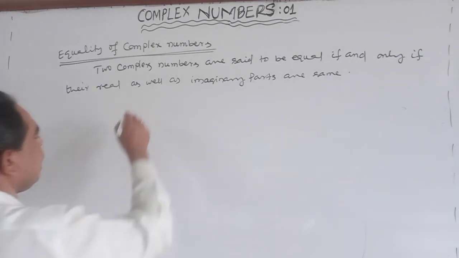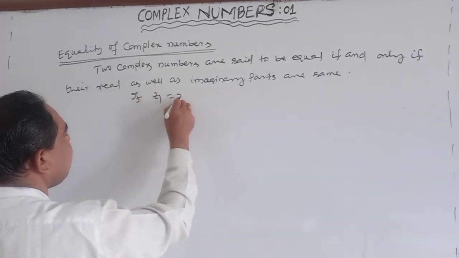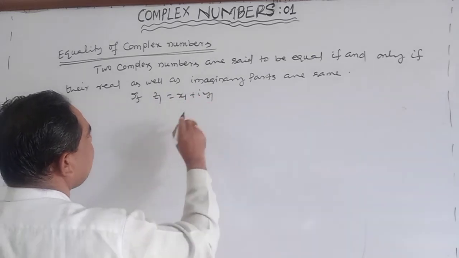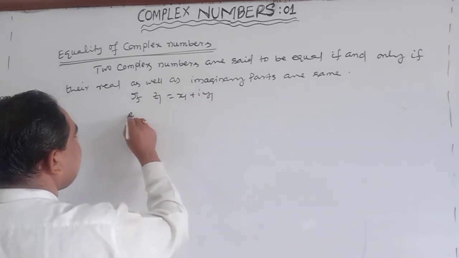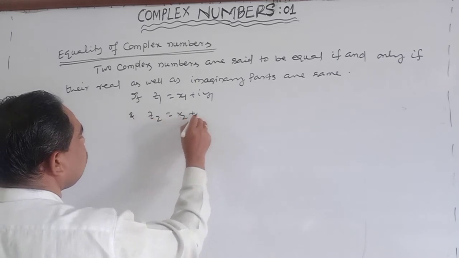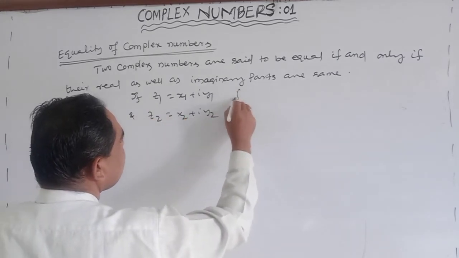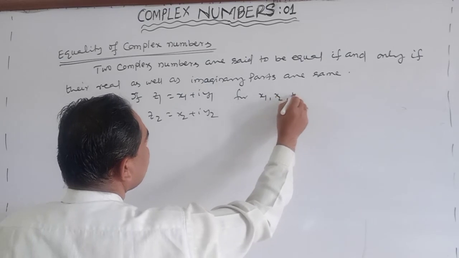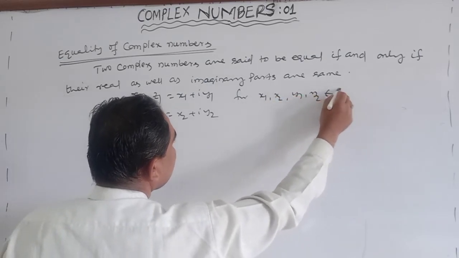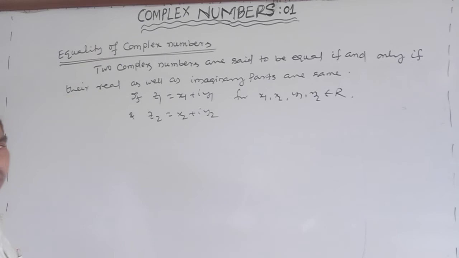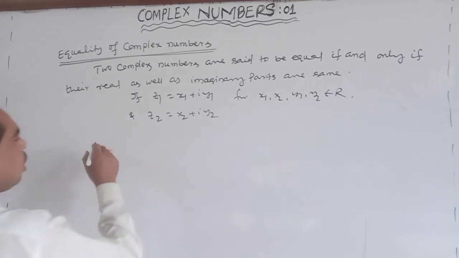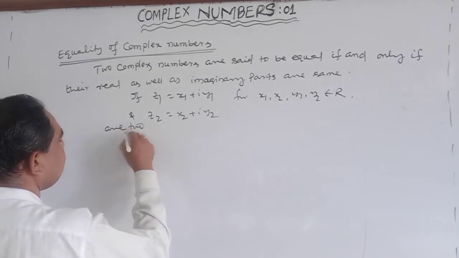Okay, if z1 is equal to x1 plus iy1 and z2 is equal to x2 plus iy2, for all x1, x2, y1, y2 belonging to the set of real numbers R, these are two complex numbers.